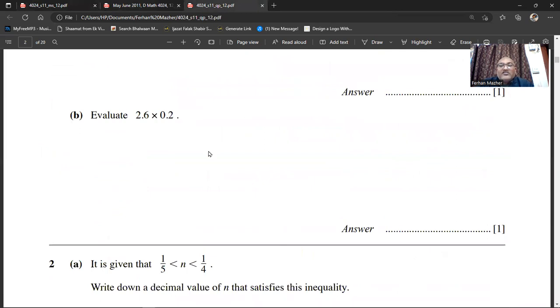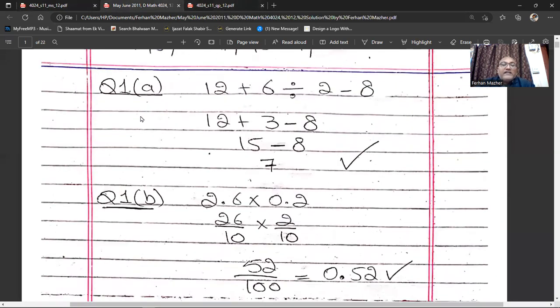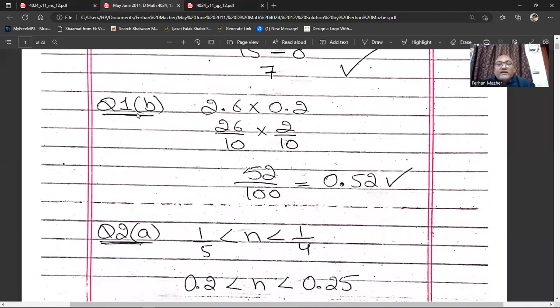Question number 1, B part. He says evaluate 2.6 multiply 0.2. So I will remove the decimal. So 26 by 10 multiply 2 by 10. The numerator will multiply with the numerator. The denominator will multiply with the denominator.